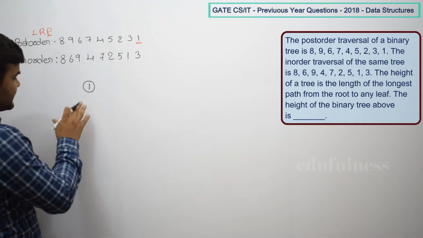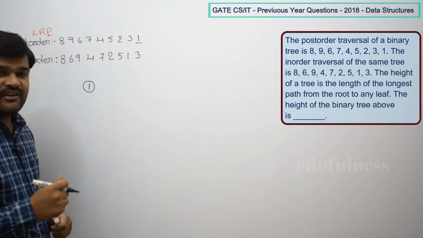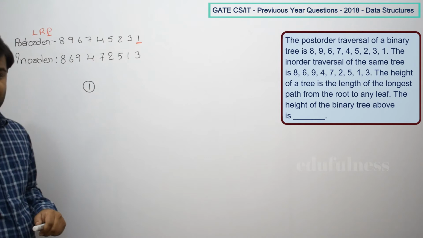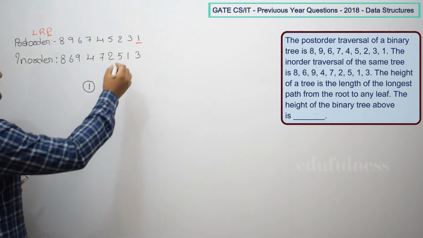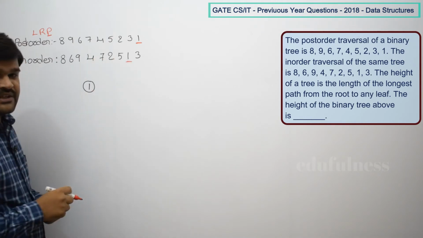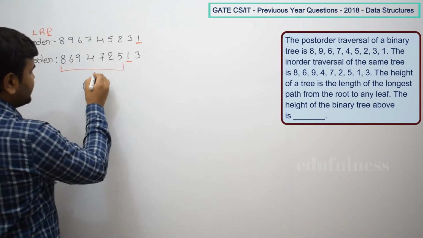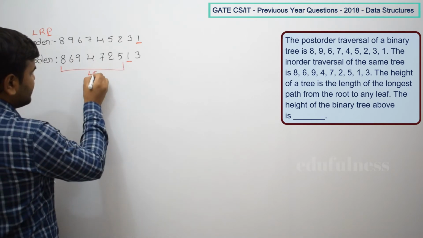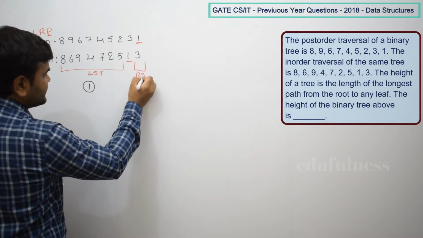Then, who are the left subtree vertices and who are the right subtree vertices? How will you identify that? We can get that by the in order. Where is 1 in the in order? Try to identify. 1 is here. The vertices before 1 are in the left subtree. The vertices after 1 are in the right subtree.